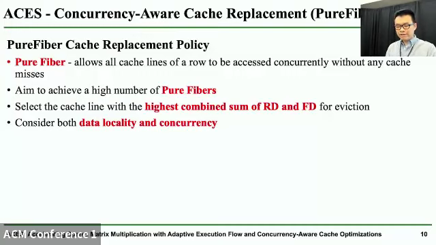When making eviction decisions for the on-chip cache, the pure fiber policy just selects the cache line with the highest combined sum of the FD and the RD for eviction.